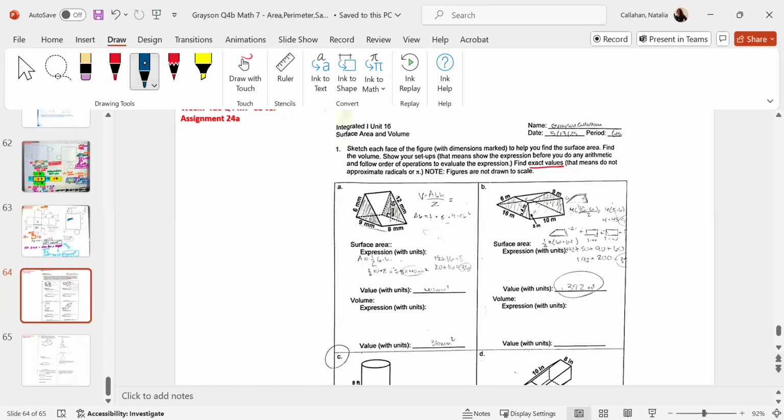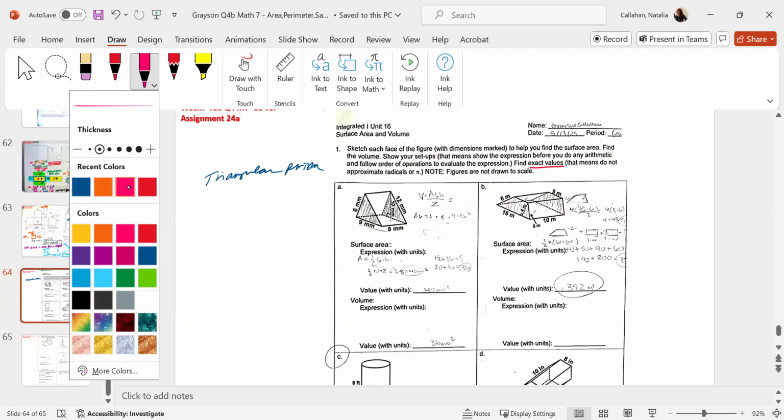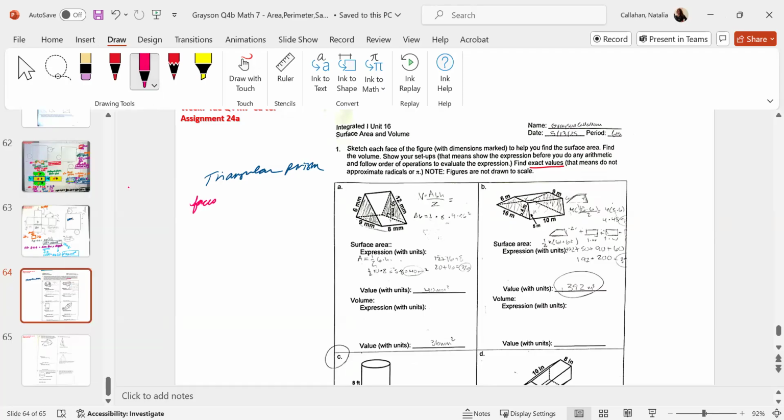All right, so we need to find, okay, so what shape is this? Triangular prism. How many faces do you have? There's a left side and a right side, correct?